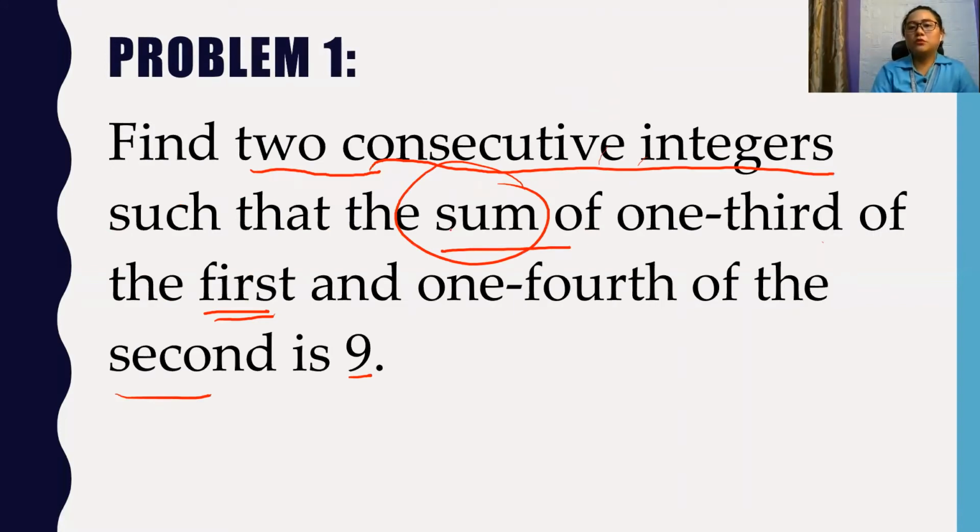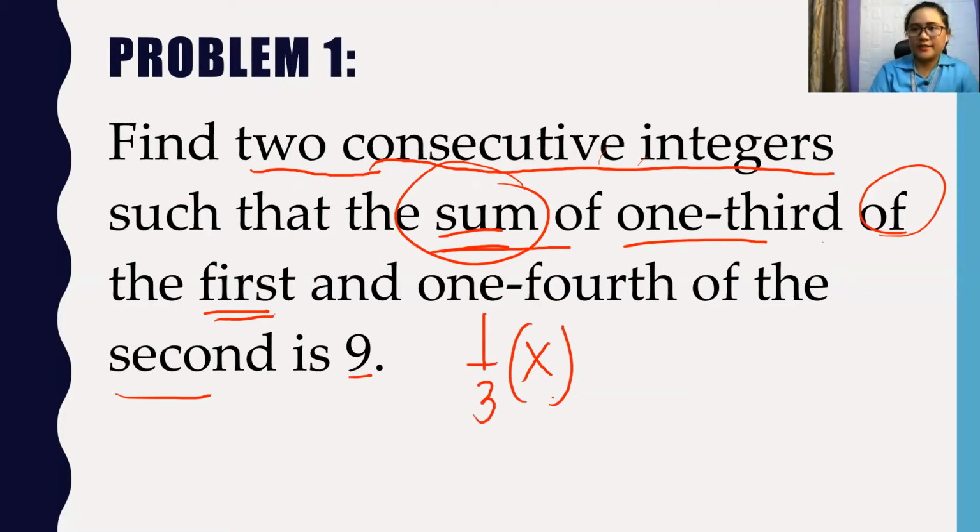That means the total of addition. 1/3 of the first. Pag sinabi natin of, that means multiplication. So, we have there yung x, yung first, of the first. So, 1/3 times x. Kasi, 1/3 of the first man daw. Ito yung first.